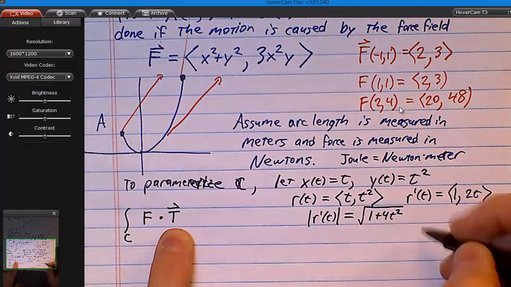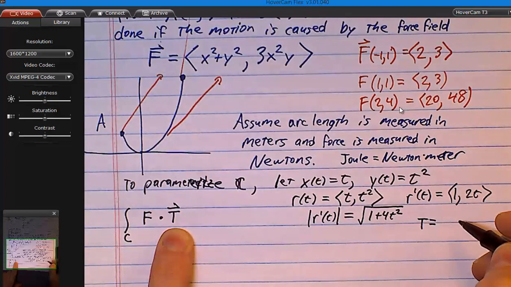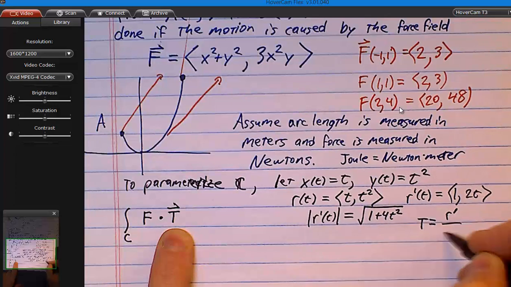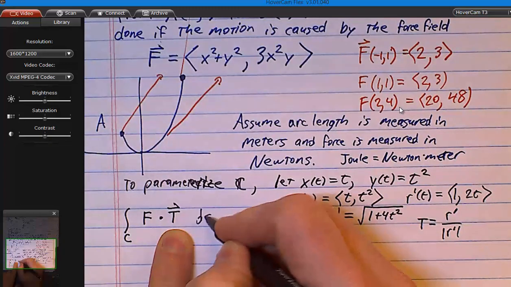Do you remember what T is? You get it by taking r prime and dividing by the magnitude of r prime. So I have everything I need, right there. And then I have ds.